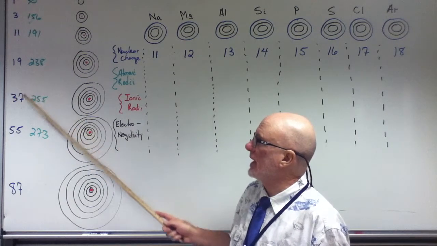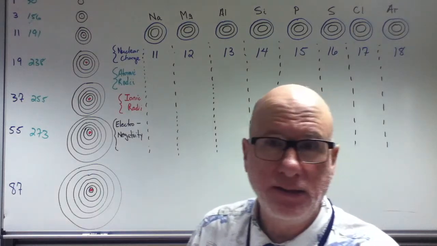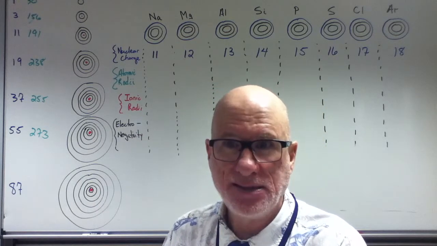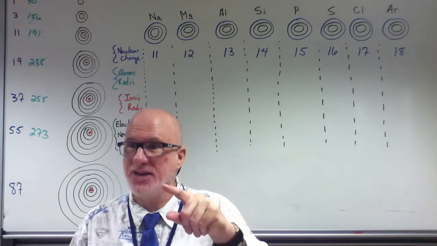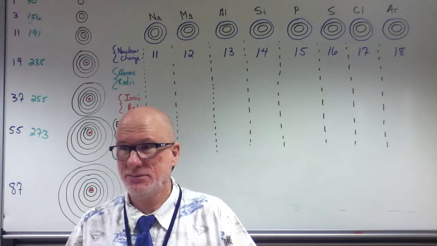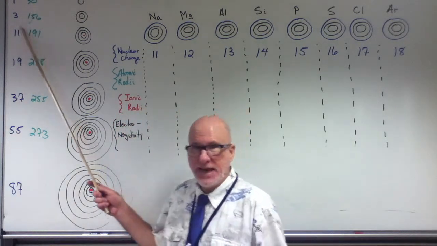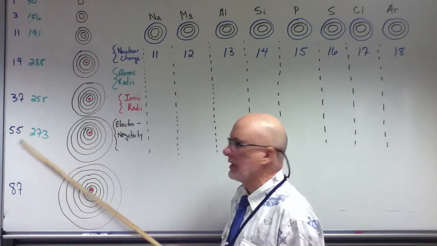So it's going to be not as dramatic. I'm going to add 18 electrons on that ring, but the nuclear charge is going to change by 18. So you're putting a lot more electrons on an individual ring. These inner rings only have 8 electrons. These have 18 electrons.